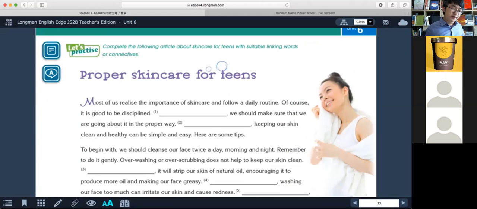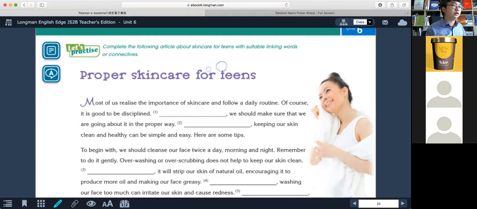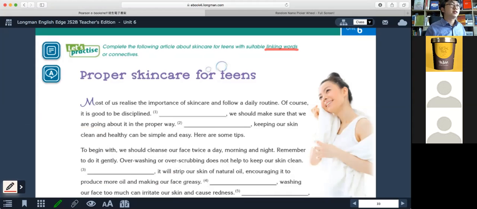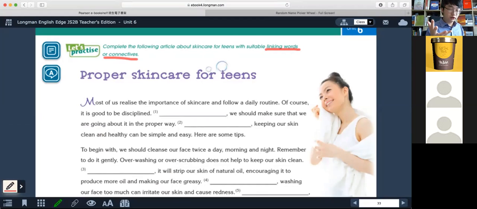In this exercise, you have to complete this article about skincare for teens with suitable linking words or connectives. Do you still remember what connectives we taught you last Tuesday? There are five different types: making comparisons and contrasts, adding additional points, describing or discussing causes and results, making generalizations, and the last type is sum up.